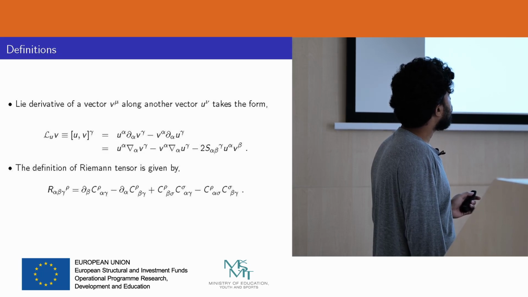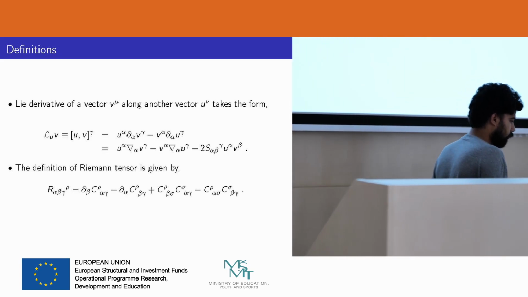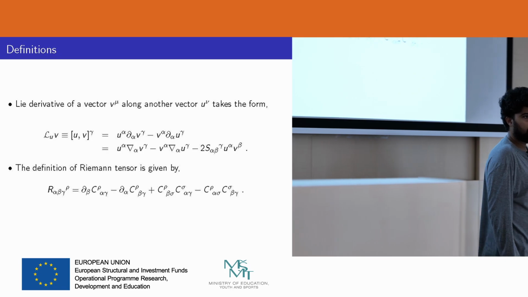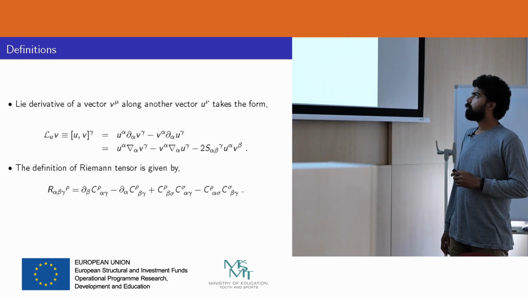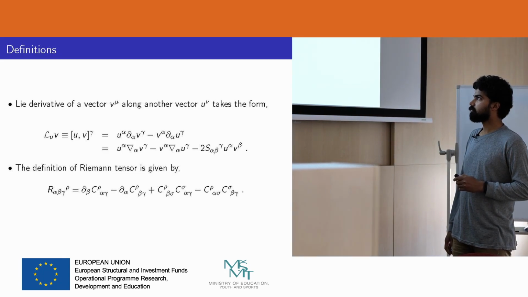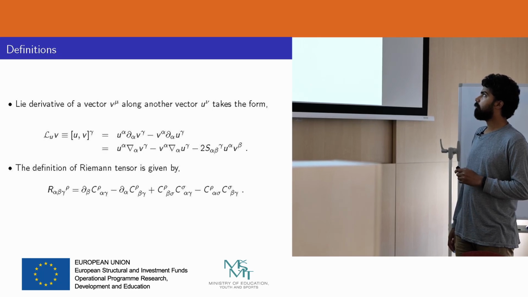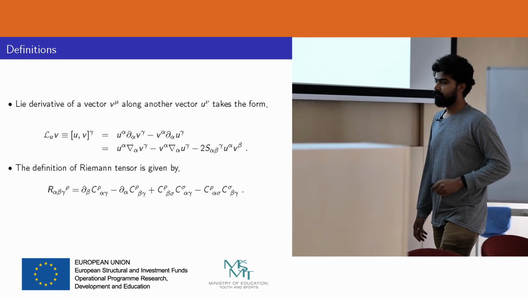Here this nabla alpha is the covariant derivative with respect to the full connection, where we have the Levi-Civita part and also the contortion part. So if we just substitute this with the full covariant derivative, then we have some term here that is really related to the torsion tensor.